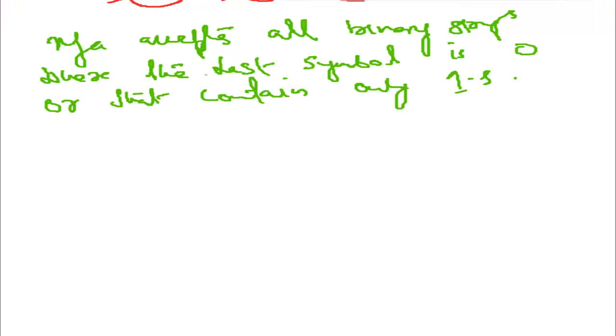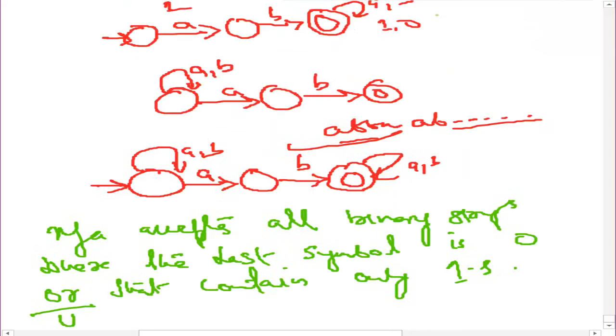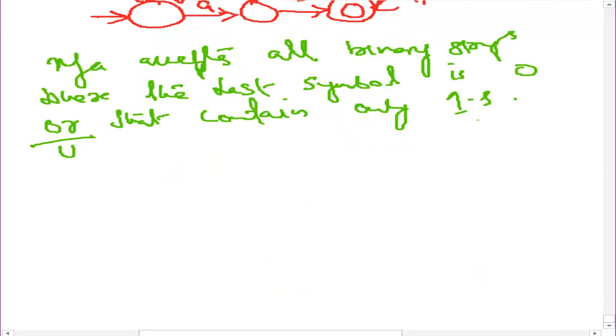Then I'm saying, an NFA that accepts all binary strings where the last symbol is 0, or, now concentrate on this, 'or' because it's a union operator, that contains only ones. So I can have the last symbol as 0. Up front, whatever it is, but at the end I should have the last symbol as 0. Here it was AB, but I could have only 0. On the other side I have only ones.